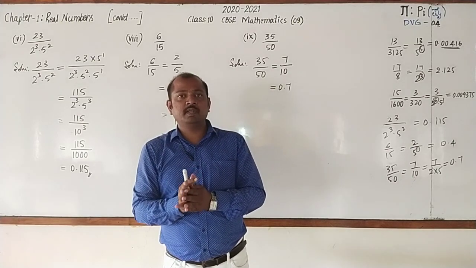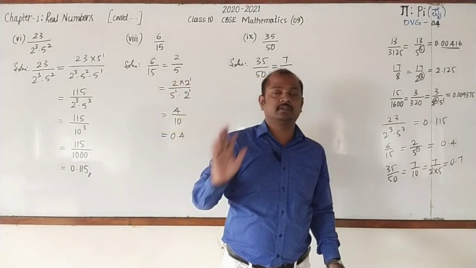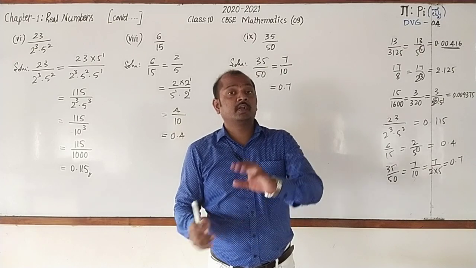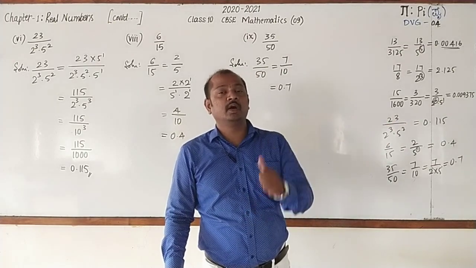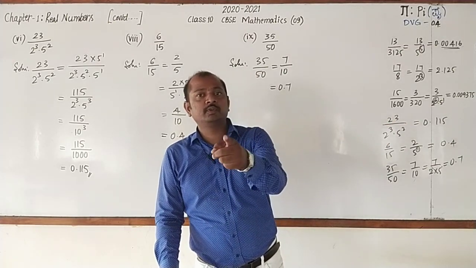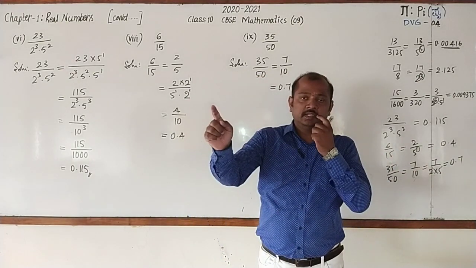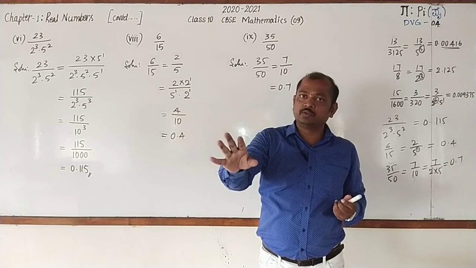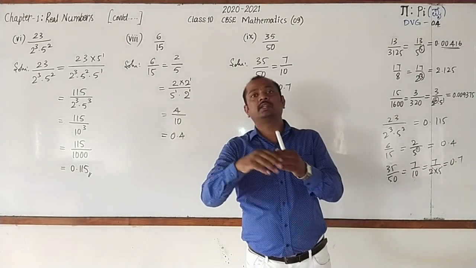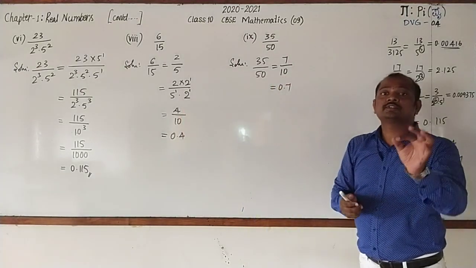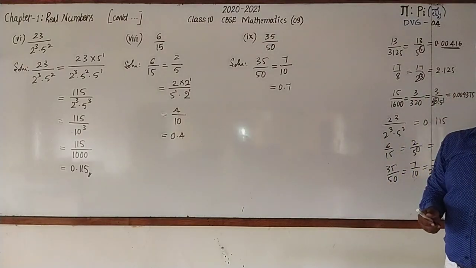Suppose a number is given and it will terminate. Then after how many digits will it terminate? How do you decide? You will find out the prime factorization of the denominator, and in that there may be only 2, or only 5, or 2 and 5. You have to see the highest power.